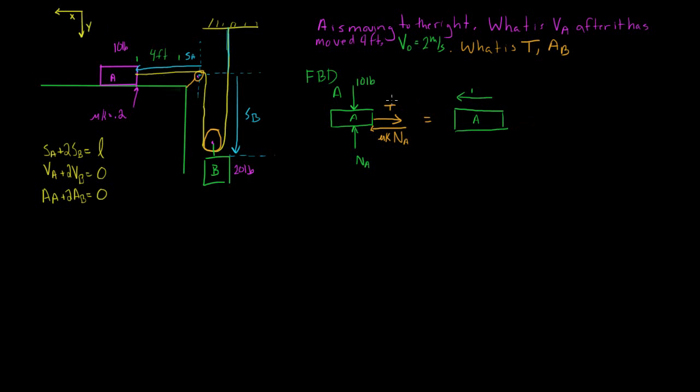It has a mass of 10 divided by g, where g is equal to 32.2 feet per second squared because we're in English units, and the acceleration of A is to the left, which is positive.